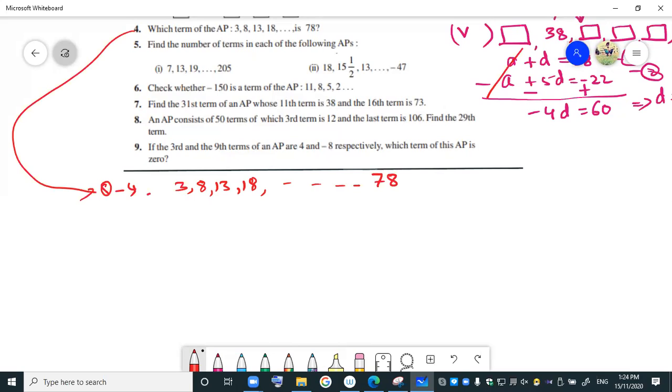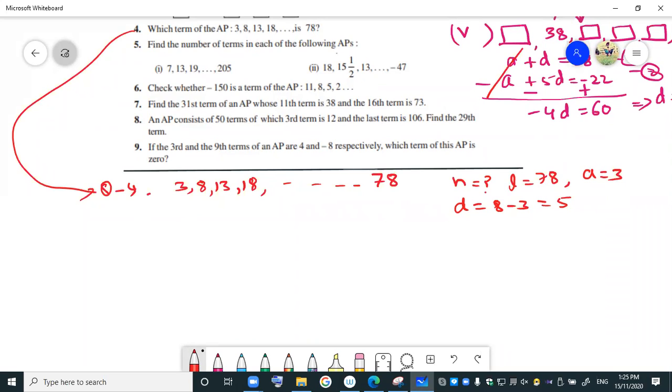78 is the last term. Which term is it, that is, the number of terms? We have to find the number of terms here. The last term is given as 78. I told you we can use the formula for the last term: L is equal to a plus n minus 1 into d, and a is equal to 3. Common difference is equal to second term minus first term, 8 minus 3, 5.